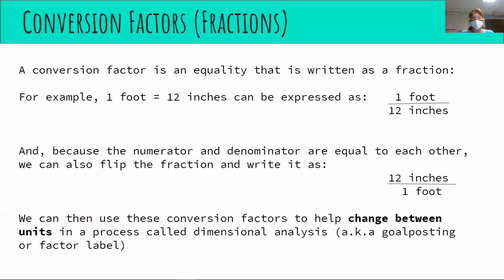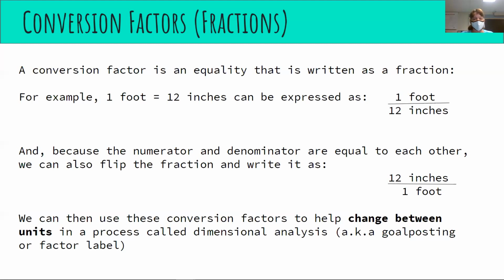I gave you the example of 2 feet being changed into inches. Well, in order to make that conversion in your head, you still had to think of some kind of equality. You needed to know a relationship between feet and inches. And somewhere along the line, you learned that 1 foot has 12 inches in it.